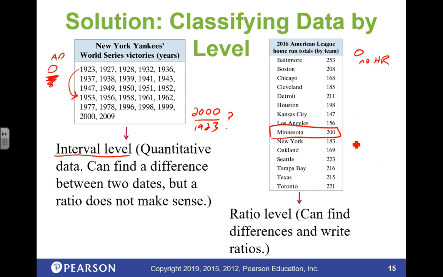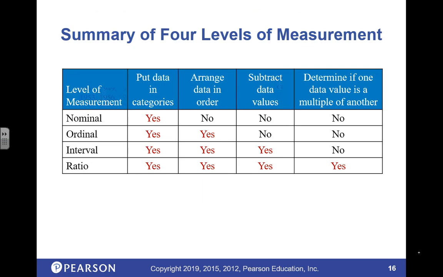If another team had 100 home runs, if we made that as a ratio, it would make sense to say that Minnesota had twice as many home runs as a team that only has 100. So a ratio does have some kind of sense of value in these numbers, where a ratio over here doesn't really pose any level of significance.